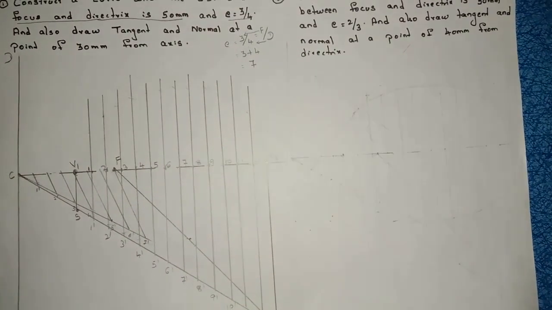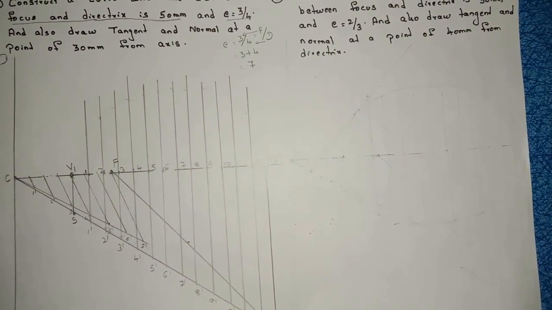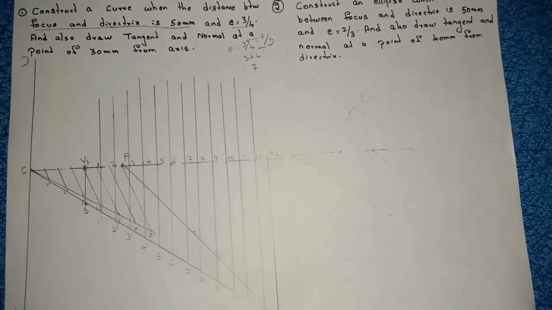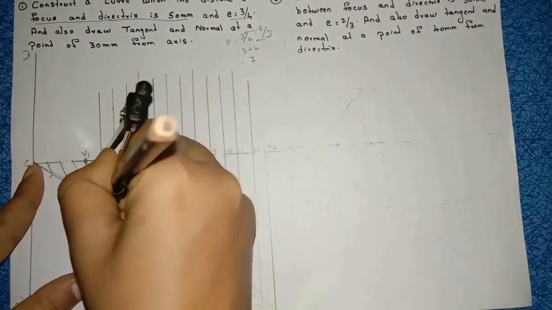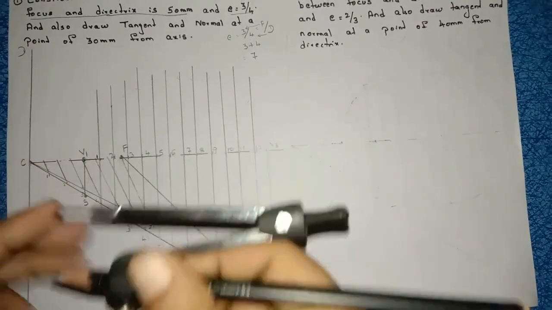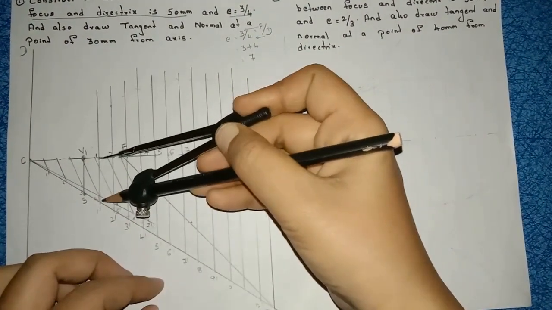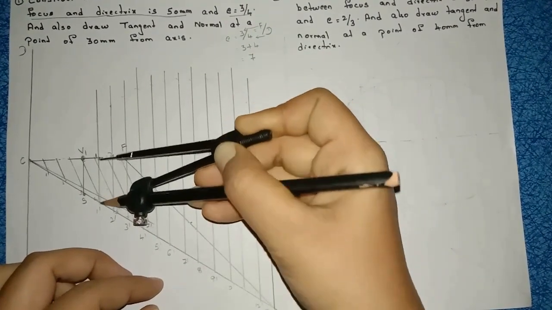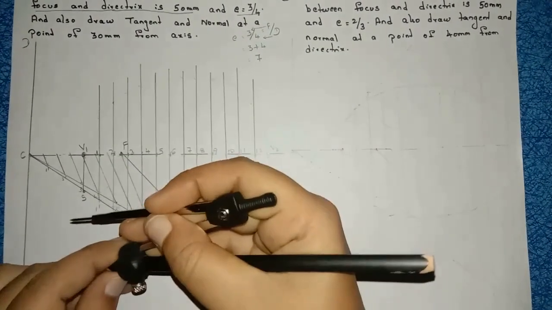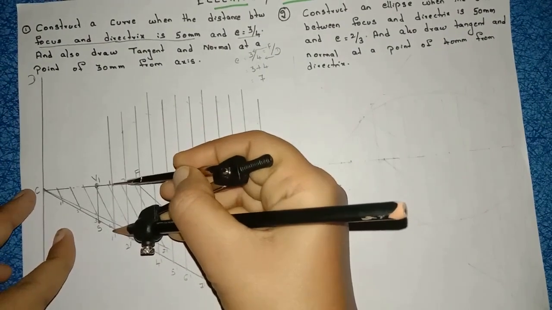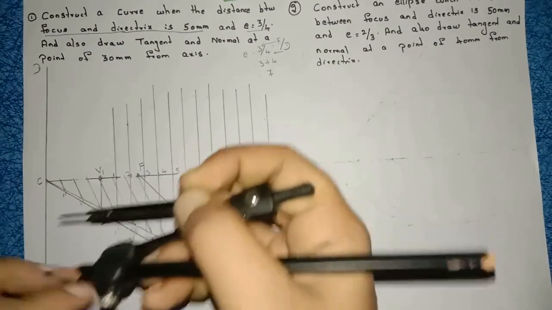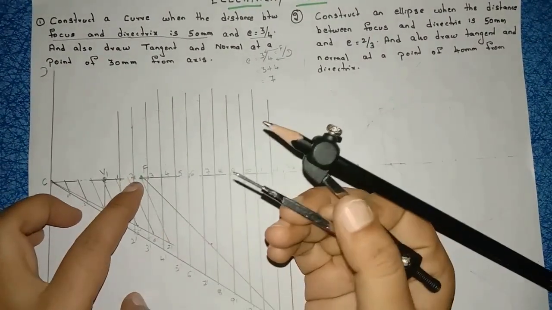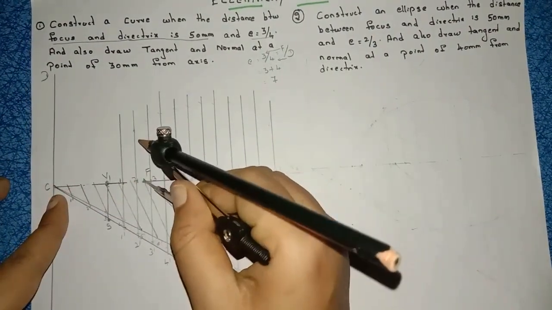Now this is the important thing: how to construct an ellipse. Listen carefully. Take the distance from 1 to 1 dash. See, this is the first point and this is the 1 dash point. Take this distance with compass, take 1 dash as radius, F focus point as center.